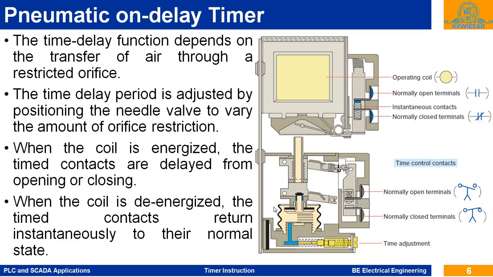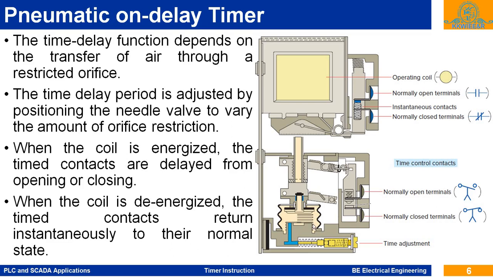Now in this pneumatic arrangement, a bellow is there, and it works based on the air flow through this restricted orifice. This airflow is controlled by using this time adjustment knob or time adjustment needle. This needle will control the opening of the restricted orifice. If airflow is more, the timing is less.